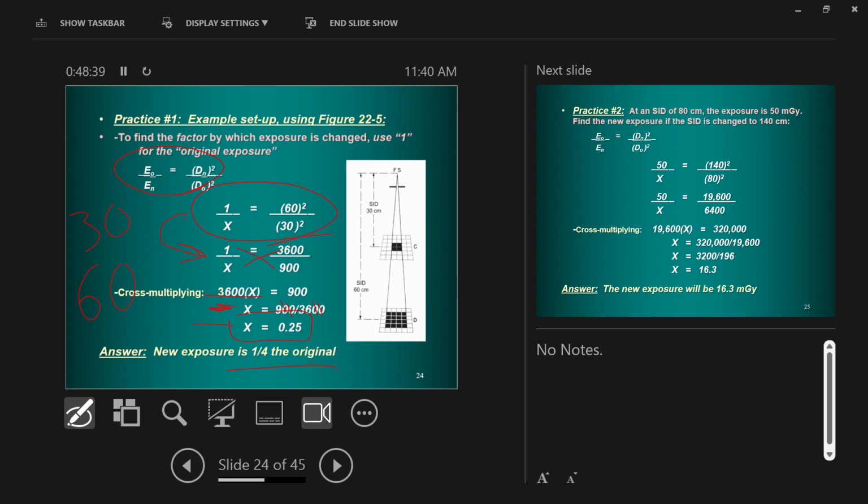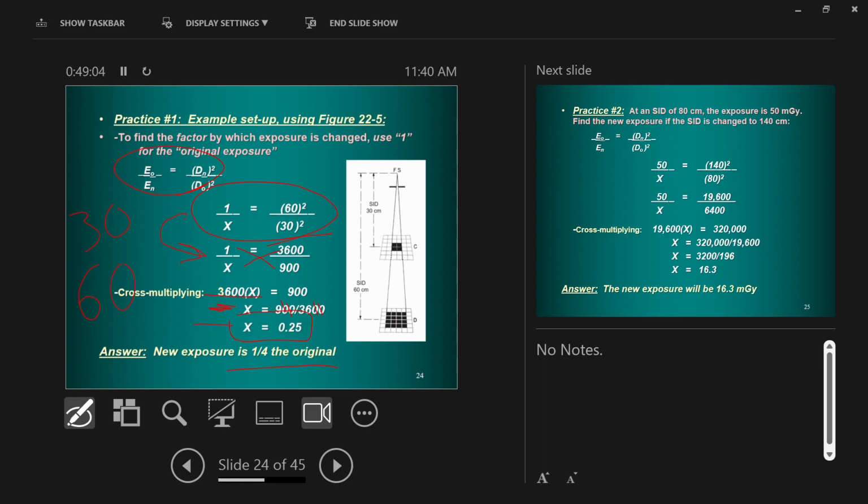So I want to use a unit of radiation for this next one. In a few months we're going to go into a module called radiation safety or radiation protection, and we're going to need to get used to using units of radiation. If we wanted to say an amount of radiation you gave your patient, we would use a unit called the milligray. A typical radiograph gives around 50 milligray.